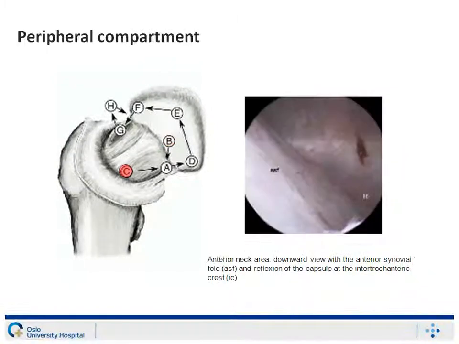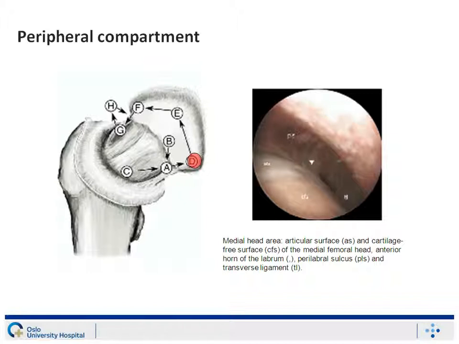Then we move on to position C, which is distal in the peripheral compartment, where the intertrochanteric ridge is and where the capsule attaches to the neck of the femur. What you see here is the capsular fold and the intertrochanteric ridge.